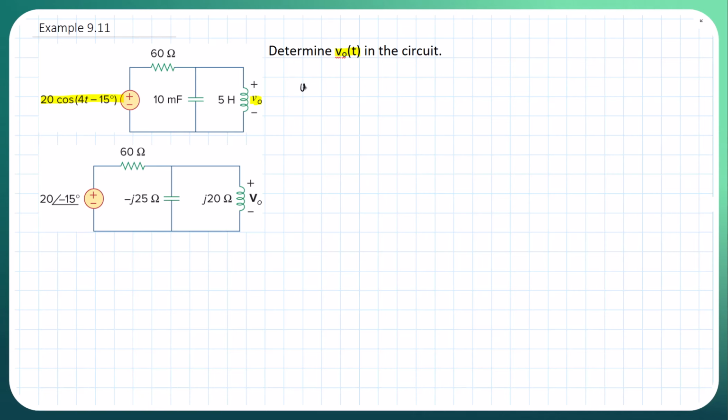Our voltage source is 20 cosine 4t minus 15 degrees, and then we're going from time domain to frequency domain or phasor domain.